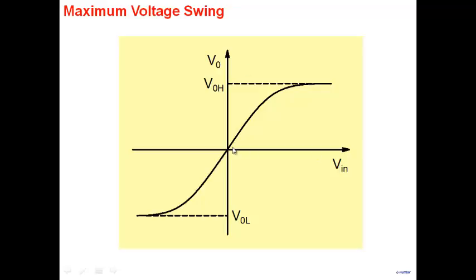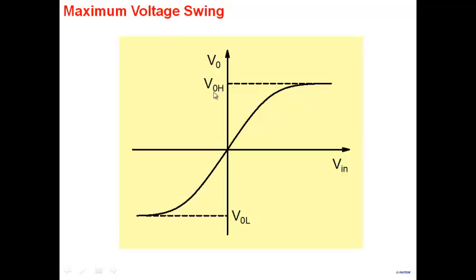If I keep on increasing V in, eventually my output saturates. There's a finite amount of supply voltage that you've applied here. It's not that you can keep on increasing V in and the output would keep on increasing proportionally. A stage will come when the output would saturate, whether in the positive direction or in the negative direction.